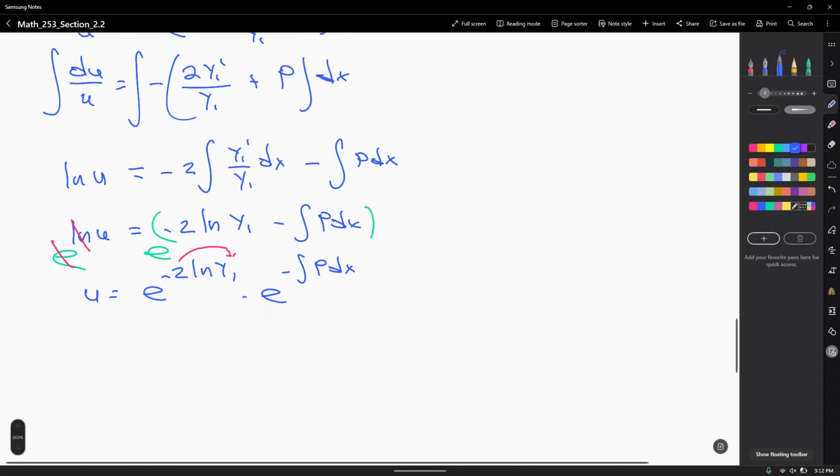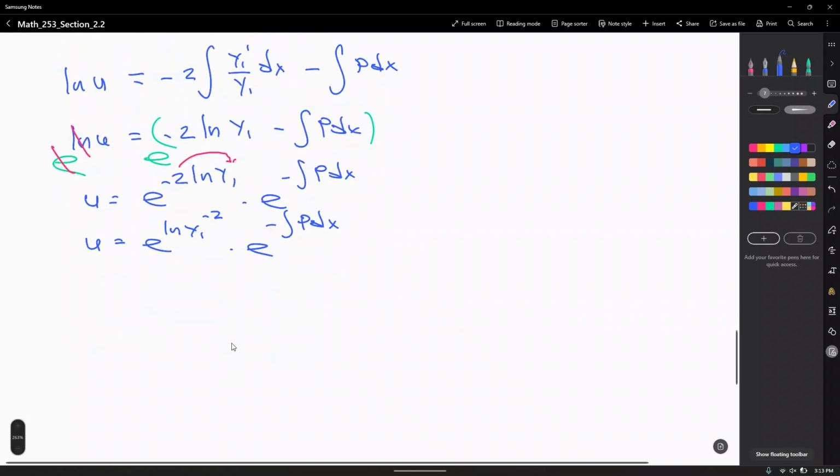Have the coefficient be the exponent of the argument by one of the properties of logarithms, and that'll be u equals e to the ln of y sub 1 to the negative 2, still times e to the negative integral of p dx. At this point, we may cancel out e with ln, and u equals y sub 1 to the negative 2 times e to the negative integral of p dx.